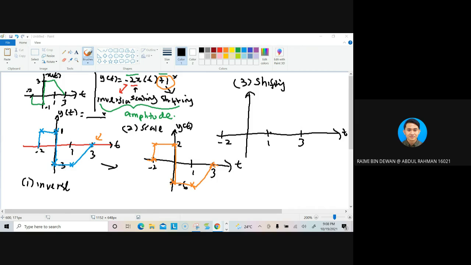So at t equals negative 2, initially it is 0. So 0 plus 1, because it is increased by 1. So let's say we use now, what color do you guys like? Okay, purple.